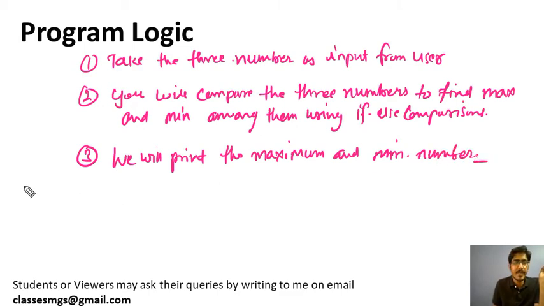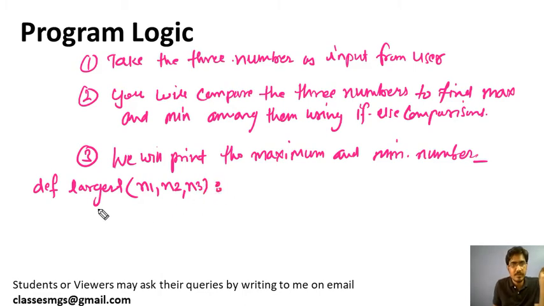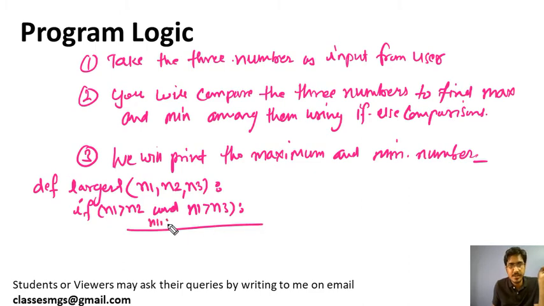Very simple, I will write two functions. def to calculate the largest, I will give three inputs, n1, n2, n3, and we will do comparison here. If n1 is greater than n2 and n1 is greater than n3, then we will say n1 is greatest.